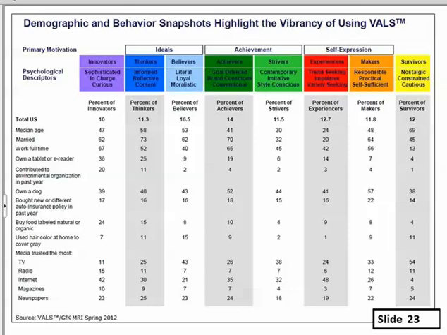Well, those are the innovators, the early adopters, if you will. And then as you go through, you find the different groups: the thinkers, the believers, the achievers, the strivers, the experiencers, the makers, and then the survivors. So it's interesting to have some handle for how the population in the area that you're targeting would spread around here. Which ones of those would you be most interested in marketing to? Which ones do you think would be the most interested in your product or service?